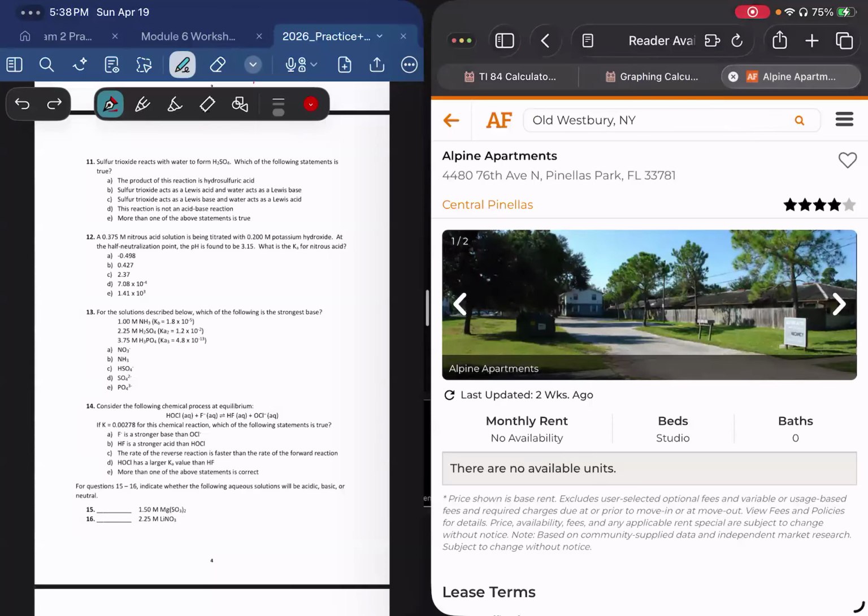And so you just need to do 10 to the negative 3.15 to find the Ka. I know it's a little annoying that he never went over that in class, but now we're going over it, so it'll be good. But yeah, so 10 to the negative log of 3.15.